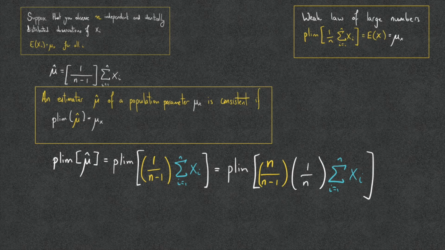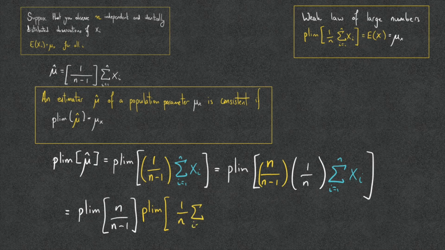Now, with probability limits, if you have a probability limit of a product, you can split this up into the product of two probability limits. So you can write this as being the same as the probability limit of n over n minus 1 times the probability limit of 1 over n times the sum from i equals 1 to n of xi.